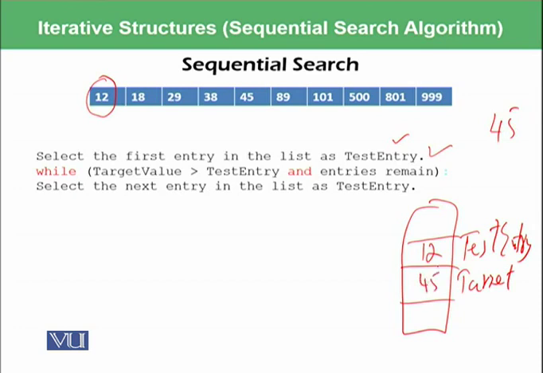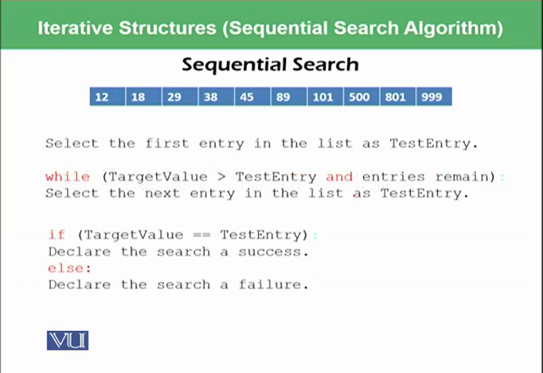So while the target value is greater than test entry, so while 45 is greater than 12 and entries remain in the list, so there are more entries available, yes, select the next entry in the list as test entry. This is the procedure we will be working with, and within this procedure we will further check whether the target value is equal to test entry or not, so whether 12 is equal to 45 or not.